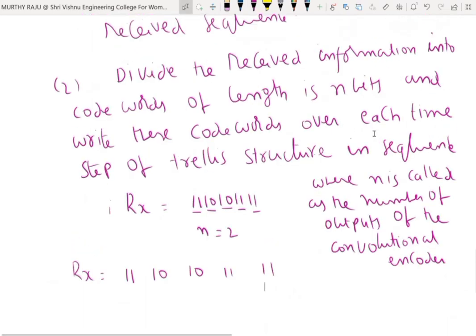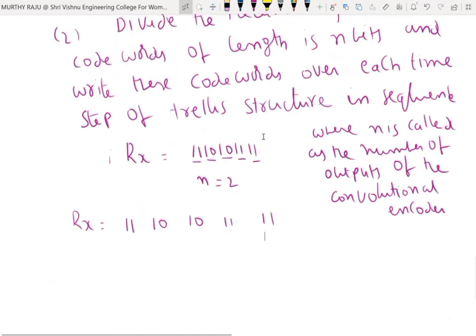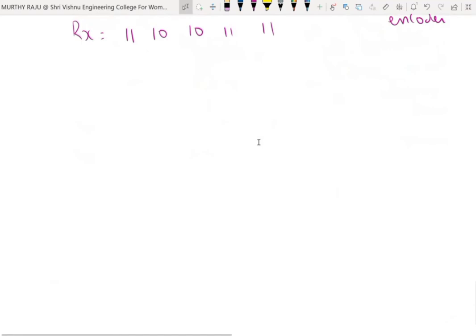After division, these code words of length n bits, where n is called the number of outputs of the convolutional encoder, are written over each time step of the trellis structure in sequence.